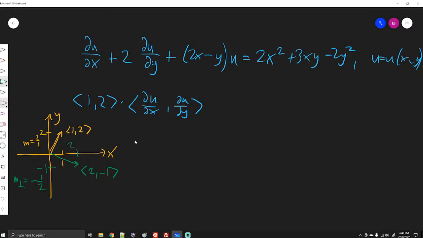So, (1, 2) dotted into (x, y) is going to be x plus 2y, and this is going to be p.